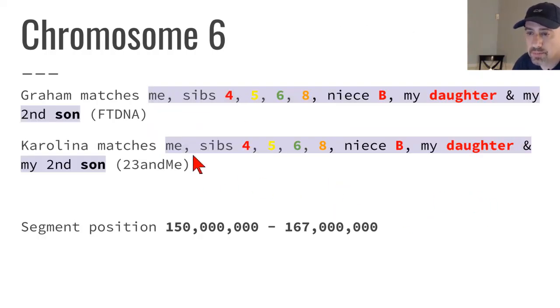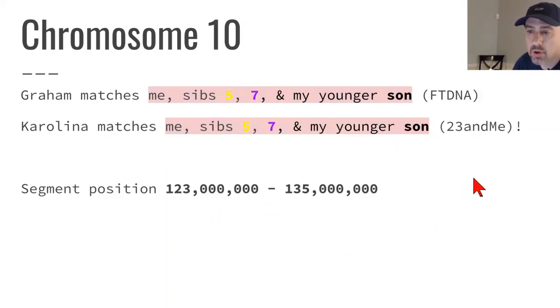Likewise, on chromosome 6, we have a subset of family members who match Graham and a subset of family members who match Karolina. This is the same subset, and the matching is occurring in the same location. So on and on we go. Chromosome after chromosome, we're finding Graham and Karolina matching the exact same subset of my family members in the same locations on the same chromosomes.